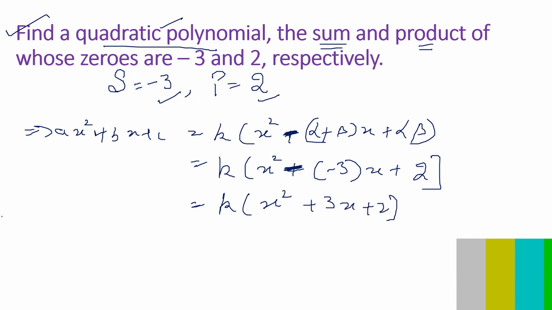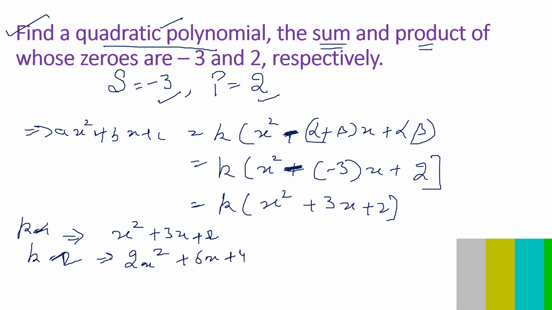You can consider any value of k. If k is equal to 1, one of the answers is x square plus 3x plus 2. If you take k equal to 2, you will get another, 2x square plus 6x plus 4. If you take k equal to 3, you will get the polynomial 3x square plus 9x plus 6. Thank you.